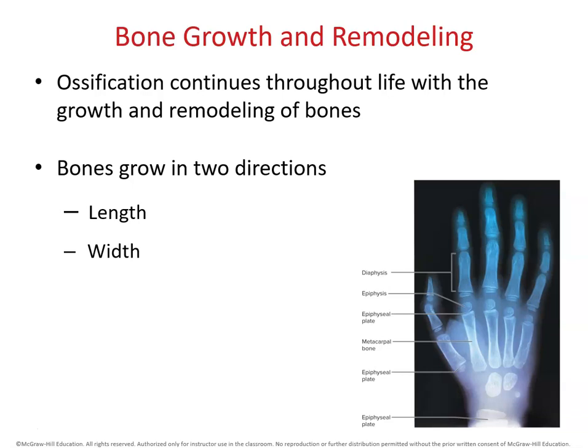I like this picture here. It shows epiphyseal plates very clearly. Okay, so we see the epiphyseal plate here between the epiphysis and the metacarpal, that long bone in your hand, and here at the base of the thumb, and here in the wrist as well.